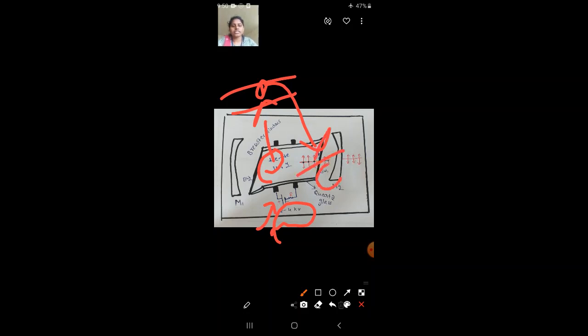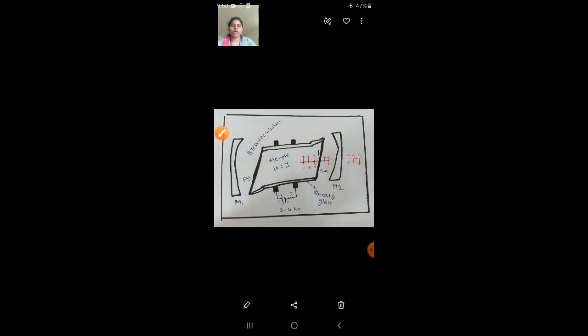The neon atoms in the ground state absorb this energy and are excited to this level, and then after some time they fall down to the ground state, and again helium atoms absorb and get excited. Something like this process, as seen in this picture.